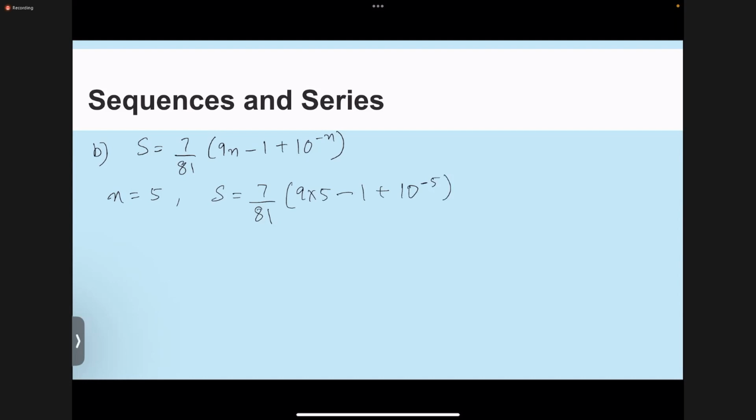If you quickly find it out, 7 by 81 outside, and 9 into 5 is 45, so 45 minus 1 plus 0.00001.